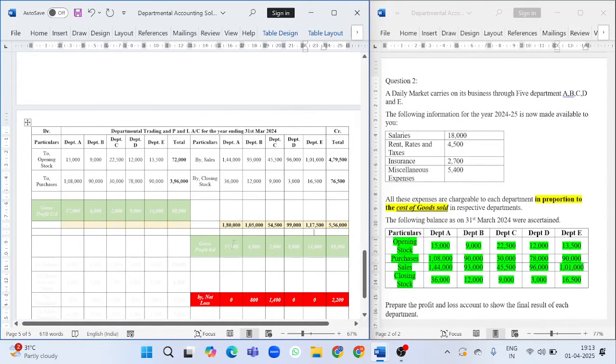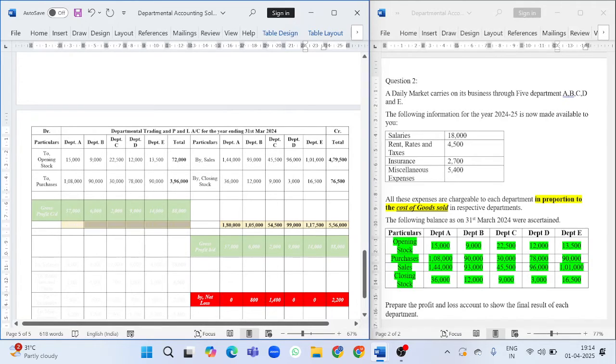For department A I am getting 1,80,000, department B 1,05,000, department C 54,500, department D 99,000 and department E 1,17,500. If any of you who are watching are unable to see the values clearly, you can zoom the video and watch, and please make sure that you have set the quality to 1080p so that you will be able to clearly watch the video.